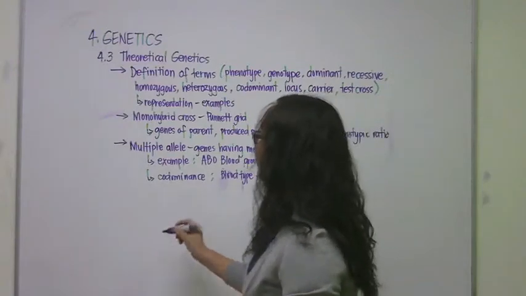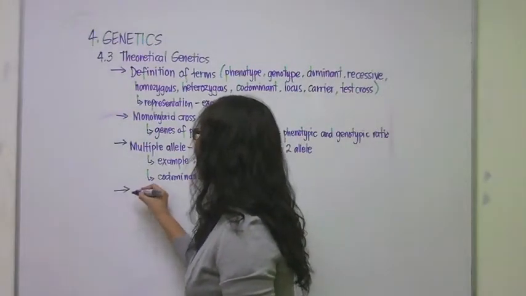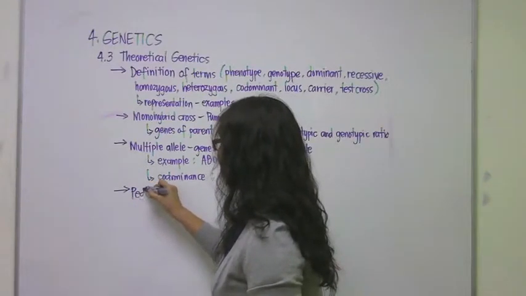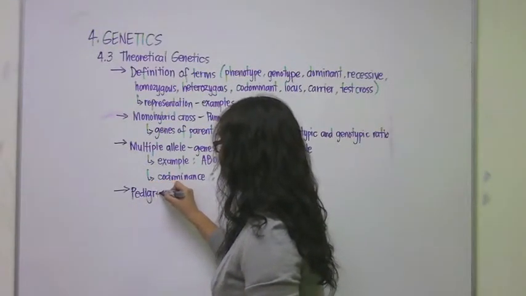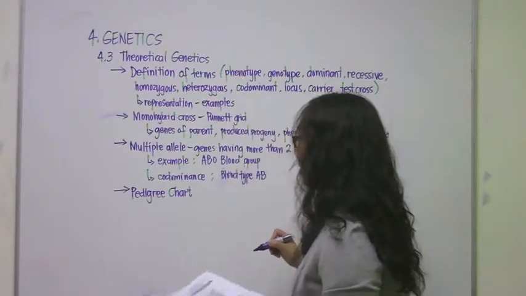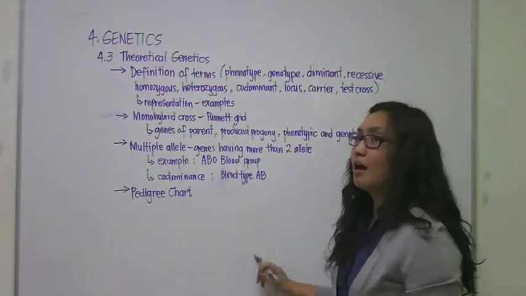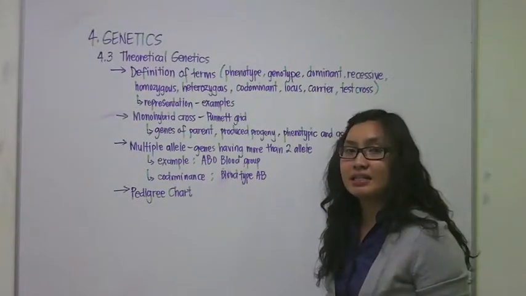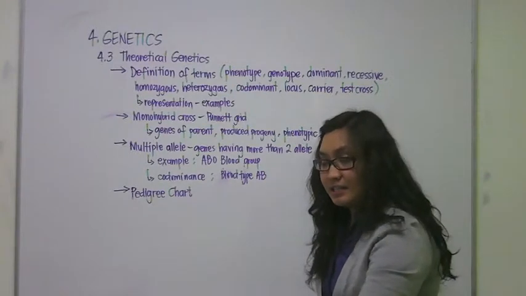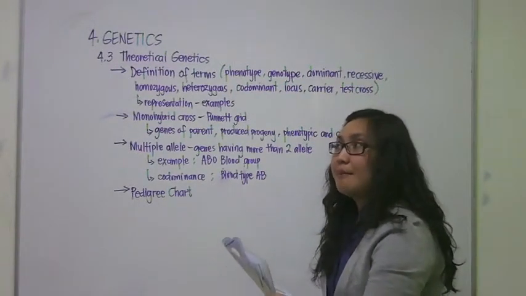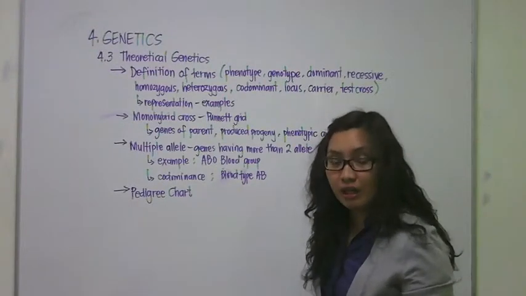Okay, the next part being discussed in theoretical genetics is the pedigree chart, or the family pedigree. The pedigree chart shows a specific gene or characteristic occurring in a specific family and how it is passed on from one generation to another.